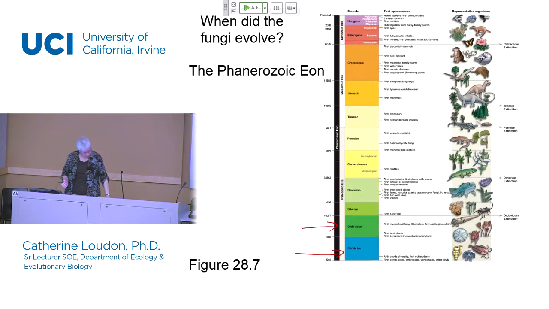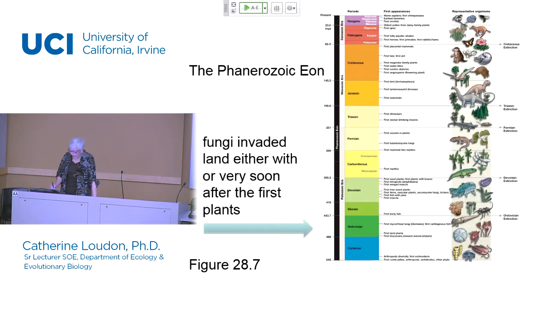But when exactly did the fungi evolve? Well, it's pretty clear that they invaded land either with or very soon after the very, very first plants, meaning the non-vascular plants, the very first inhabitants of the terrestrial landscape that were multicellular at least. But presumably they evolved before then, and so it is thought that fungi evolved sometime prior to this time.